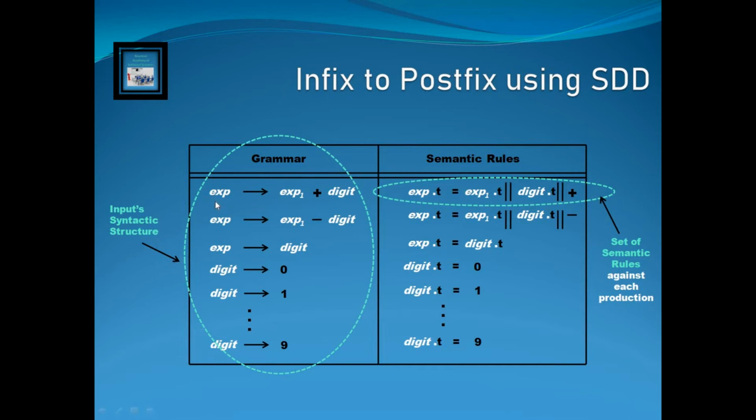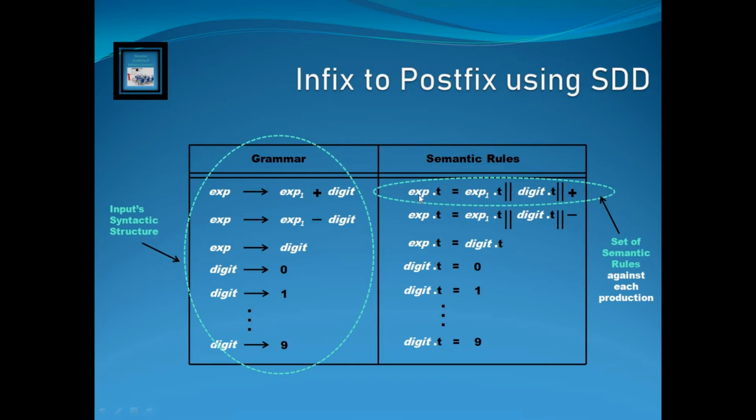As we have learned, its postfix form will be the postfix form of this sub expression, then the postfix form of this digit, and then the operator will come. So the semantic rule is giving this information.